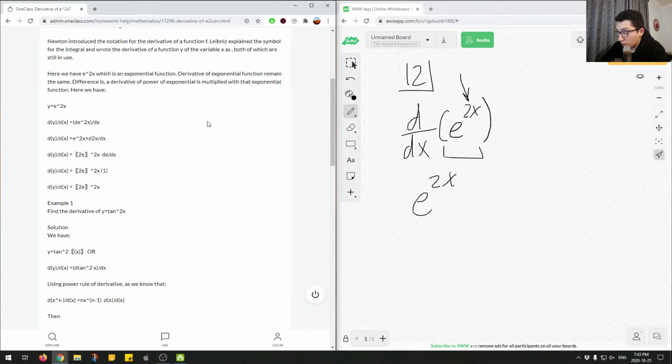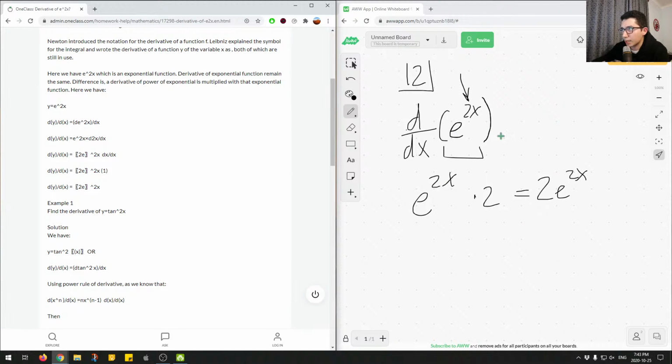We know the derivative of 2x is just 2, and we end up with 2e to the 2x. Regardless of what the exponent is, even if it was 3x squared, you would do the same thing. You'd say e to the 3x squared times the derivative of 3x squared, which is just 6x, and you end up with that solution.